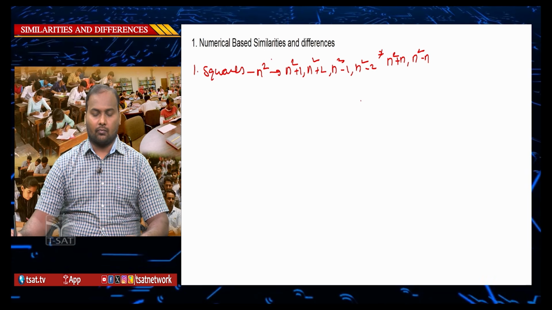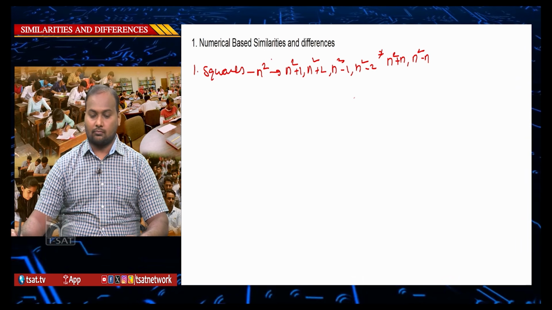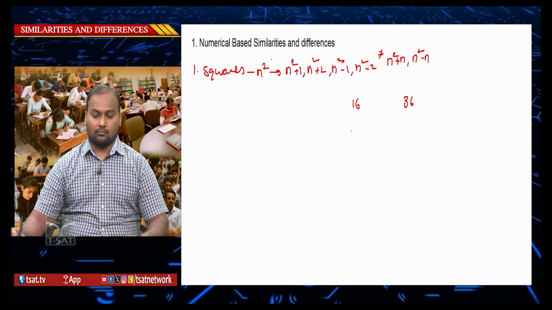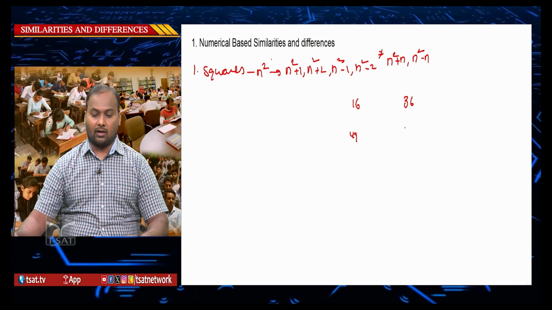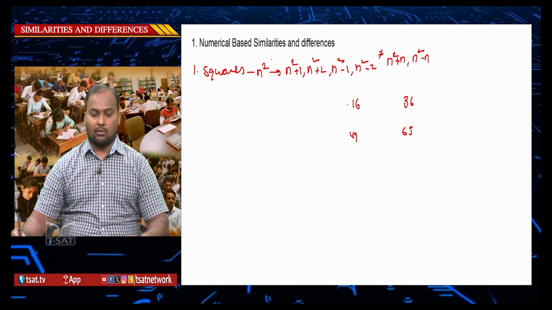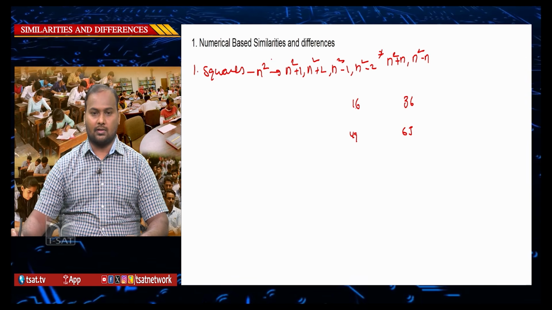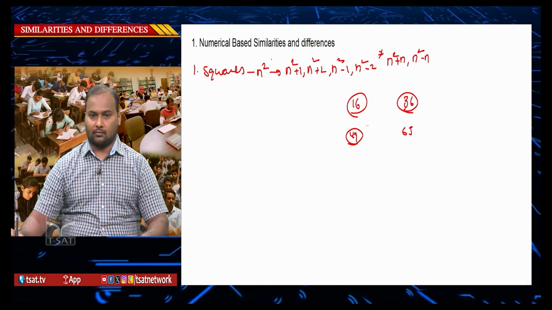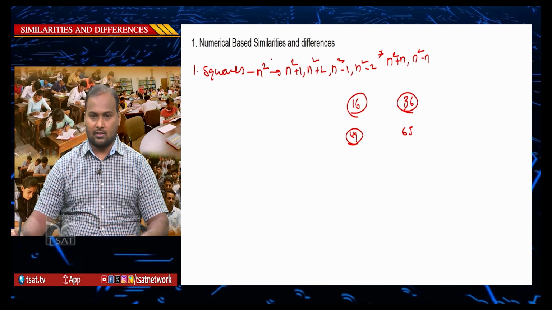Generally, for example, he will give options 16, 36, 49 and 63. What is the similar thing in this case? Take 16, 36 and 49. All these are squares, that is the similar thing.